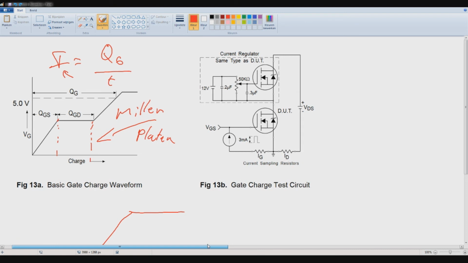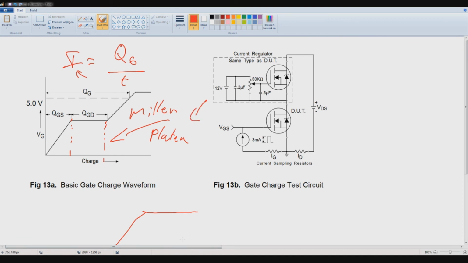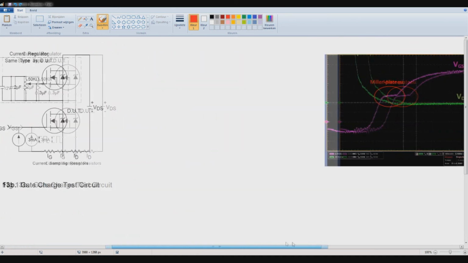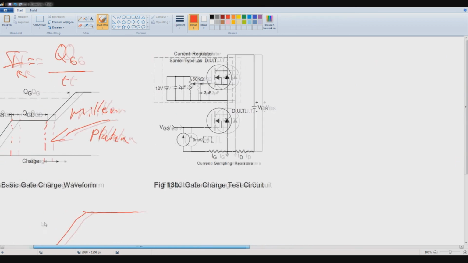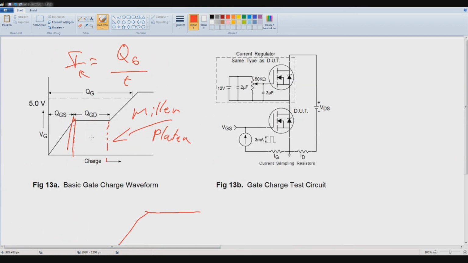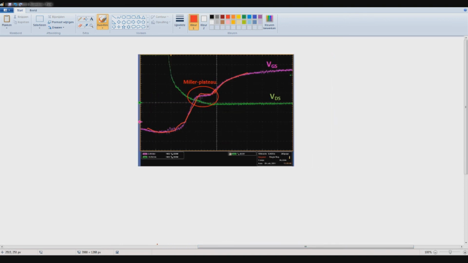And now let's take a look at an experimental result of non-ZVS behavior due to the Miller plateau. As you can see over here, this is VGS and VDS. And as you can see, it has a little dead time over here, which is problematic because you have this overlap, and again you also have a current still.